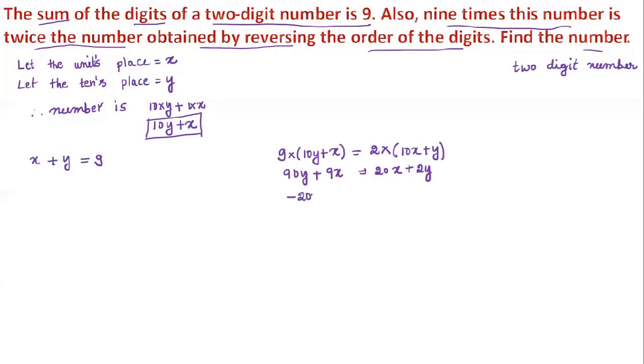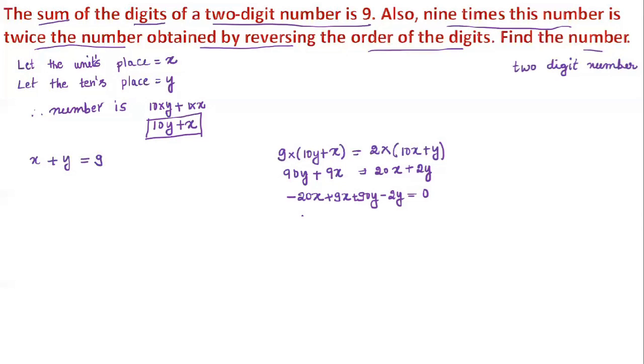Bring variable to the left side, minus 20x plus 9x. Then on the left side we have plus 90y. Bring 2y to the left side, that is minus 2y is equal to 0.